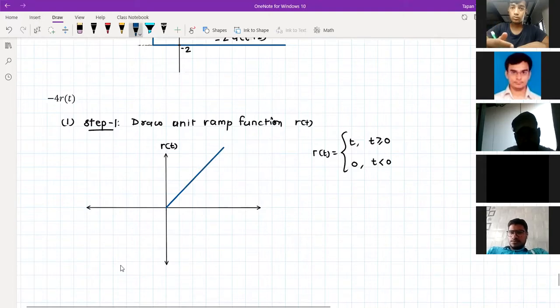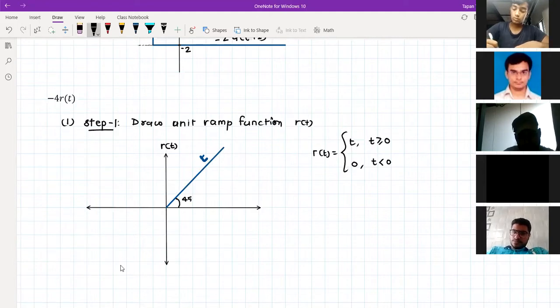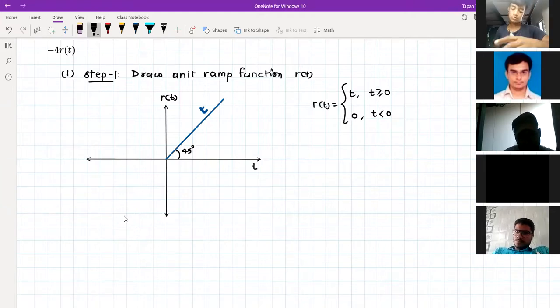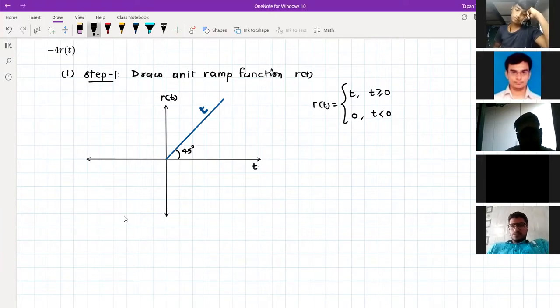This is a slope of 45 degrees, right? This is t. No need to write this 45 degrees, but I'm just trying to explain it. Fine. This is t.